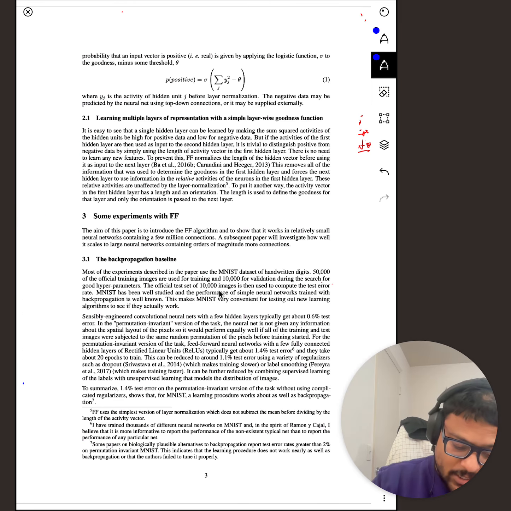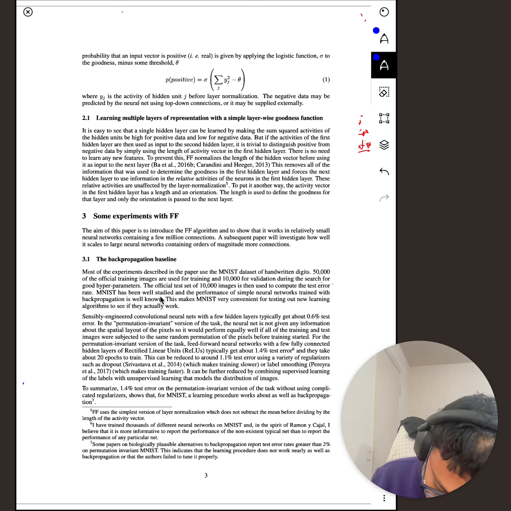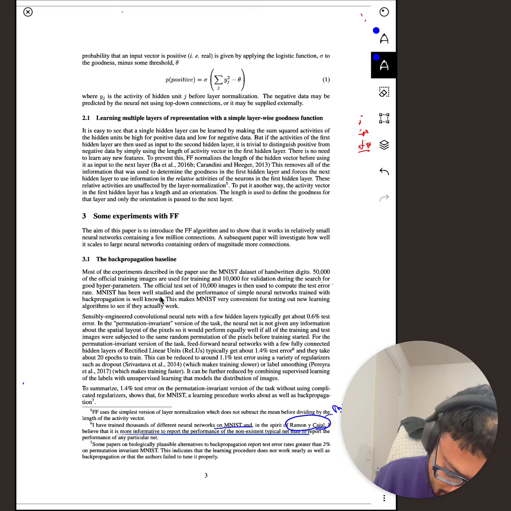Okay, now let's talk about another thing. The key point is that all the experiments in his paper were only done with MNIST. Now there was this smart guy, Santiago Ramón y Cajal, who used to be a big hotshot biologist, and he said that it is more informative to report performance on a non-existent net than on any particular net.